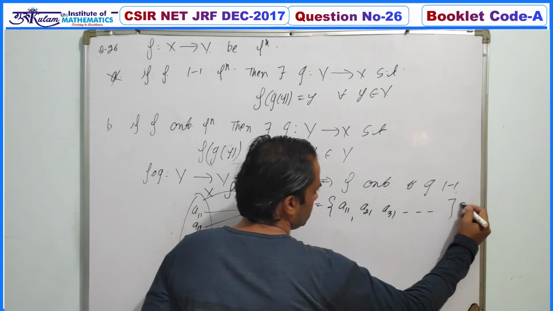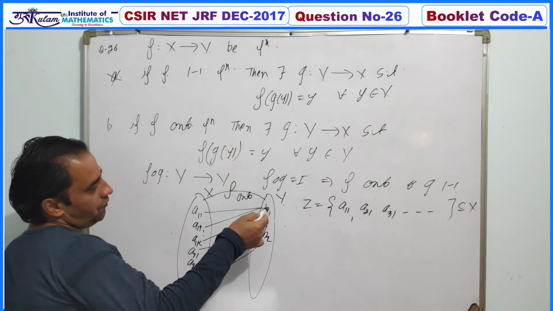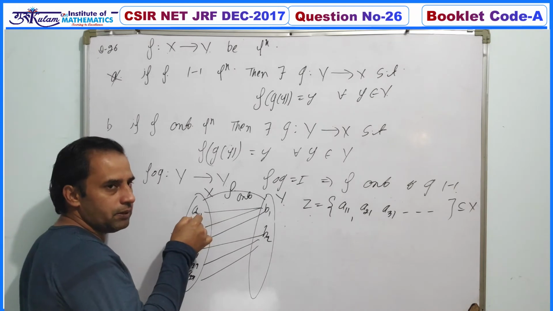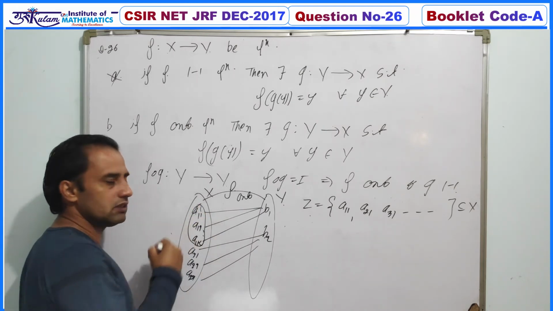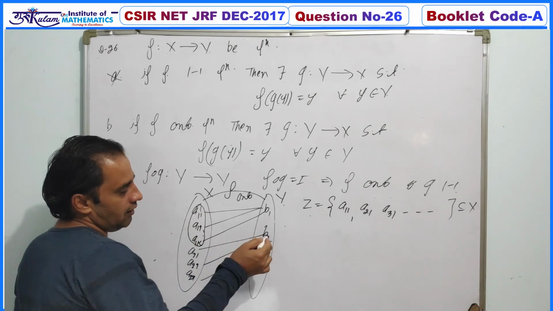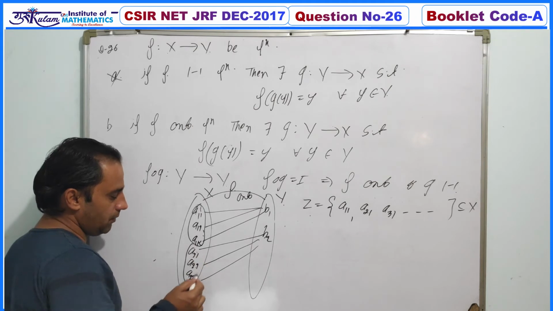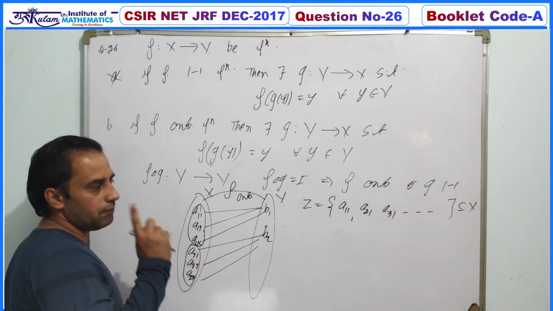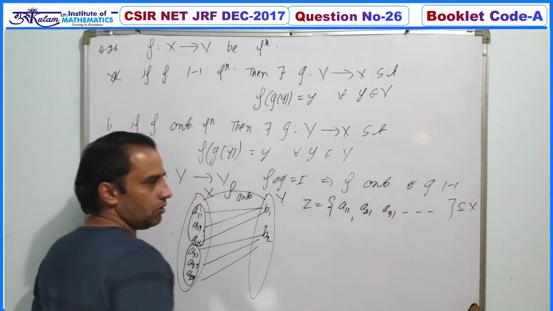Obviously this z must be a subset of x. So basically, if a11 is a pre-image of b1, we are picking one element from all of the pre-images. And if a21, a22, a2r are all pre-images of b2, then we are picking only one pre-image. Then this z must be a subset of x.